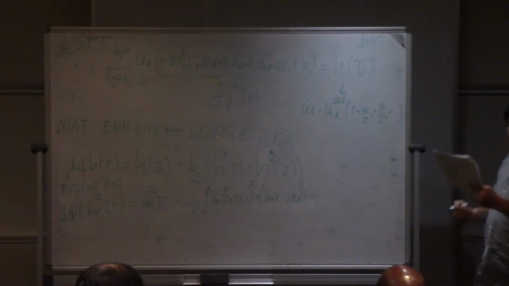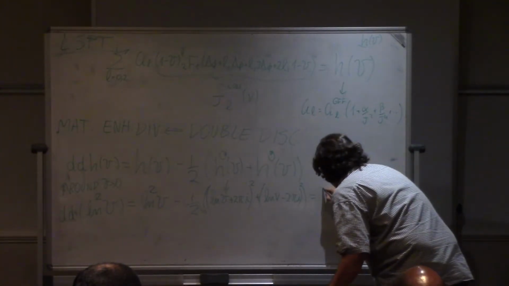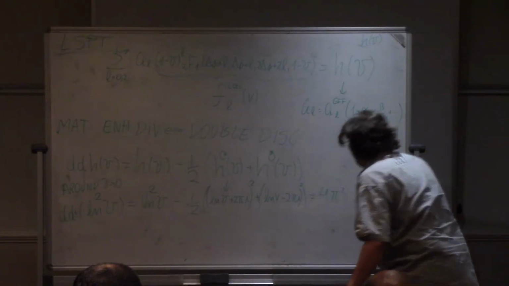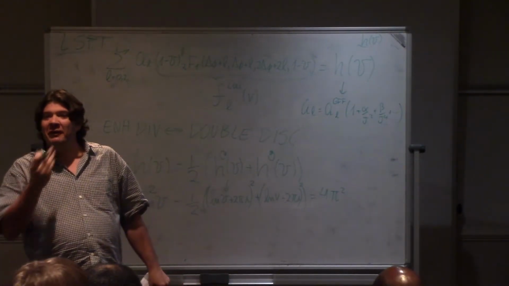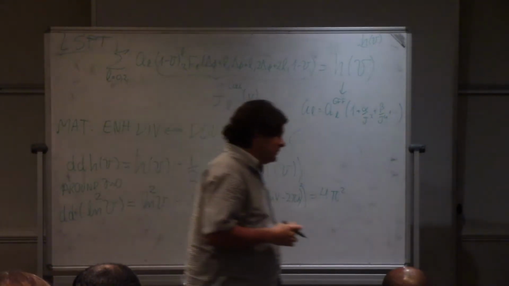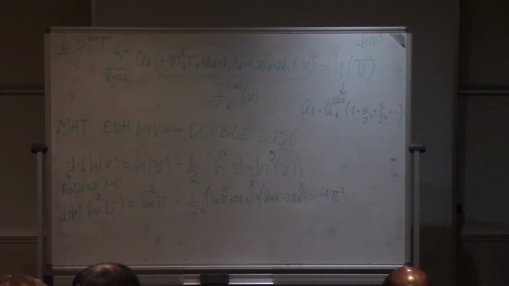And now, you don't get 0 anymore. Actually, you get 4 pi squared. Beautiful. Log square of v does have enhanced singularity, and that's the singularity that we talk about. You could do also a lot of other examples.